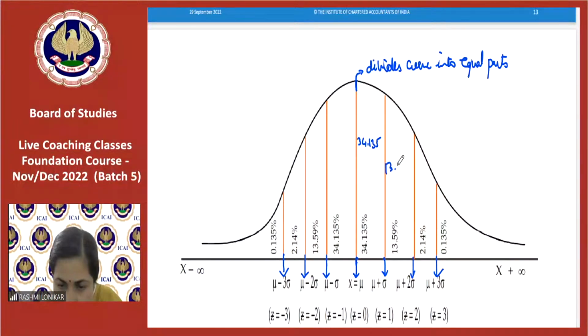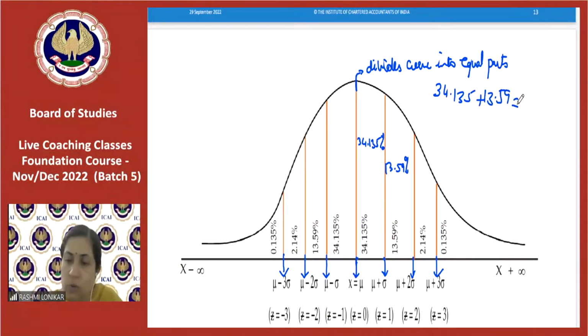It is covering 13.59%. Okay, all this is in percent. So that means from x is equal to mu to mu plus 2 sigma, how much is the area that will be covered? It will be 34.135 plus 13.59. Let us see how much this is equal to. Can I put it in the chat box? How much is this equal to?